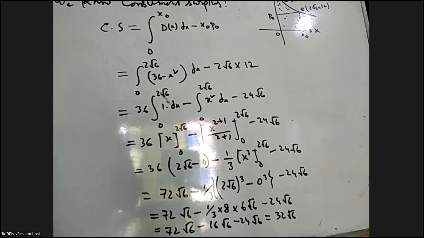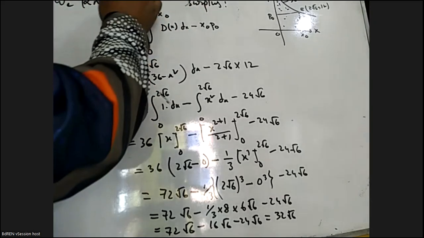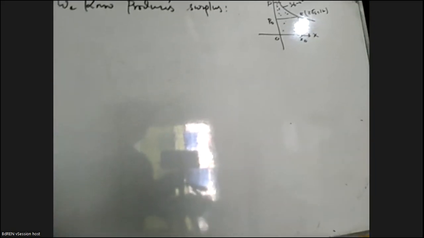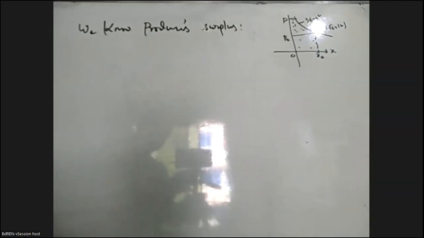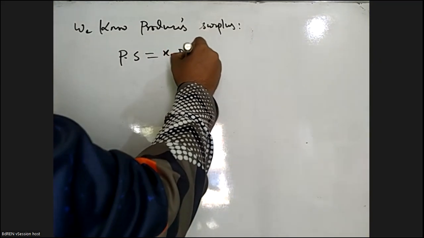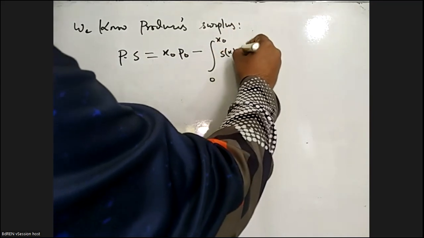Similarly, we can get the producer surplus. The producer surplus has the same approach: PS equals x naught P naught minus the area bounded by the supply function.